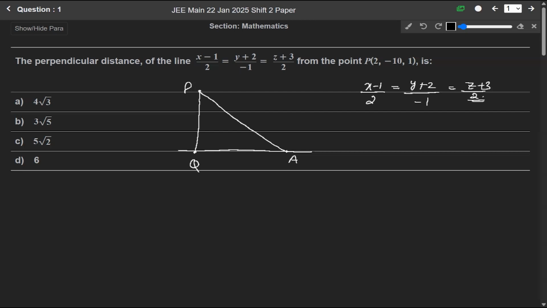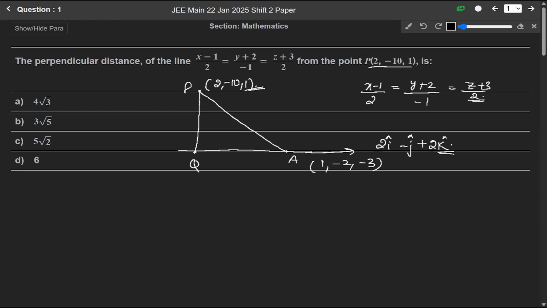Okay. So using these three, we can write the P coordinates as given in the question: 2, minus 10 and 1. And the A coordinates will be 1, minus 2 and minus 3. And this line is 2i cap minus j cap plus 2k cap. Okay.